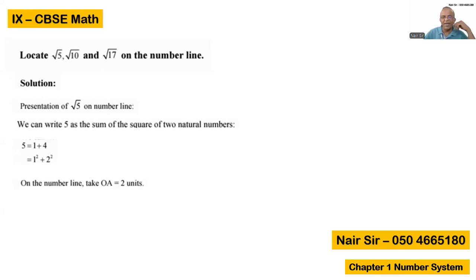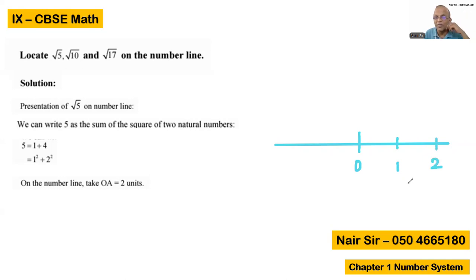On a number line, let me take a number line. This is my number line, and this is my 0. This is my 1, and this is my 2.